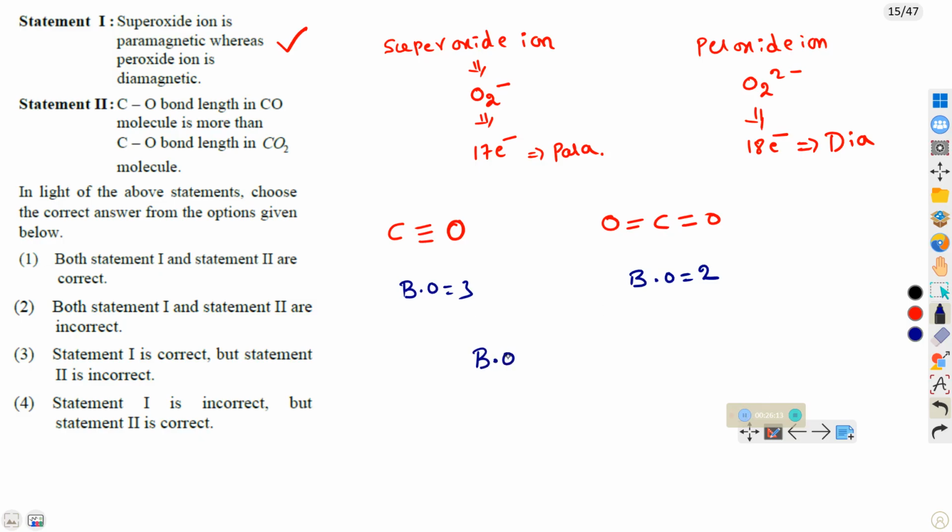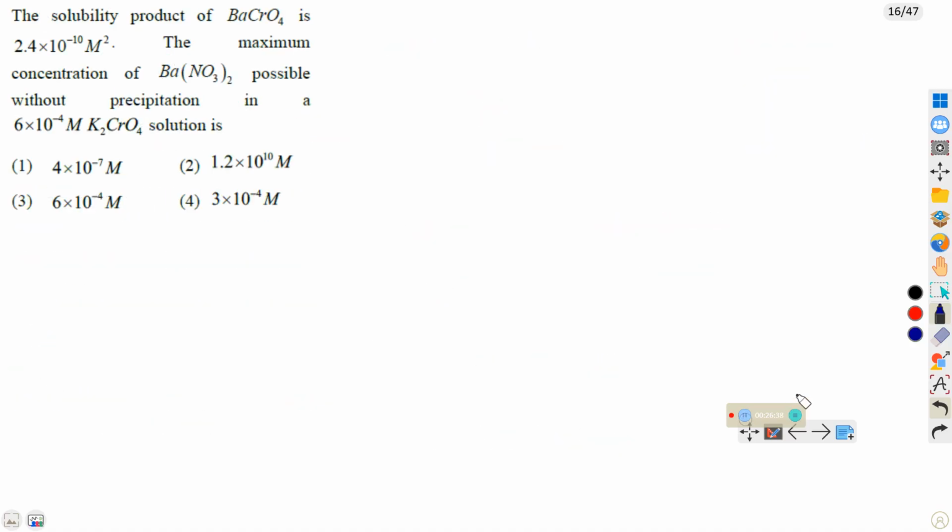Bond order is inversely proportional to bond length. Why? Because bond order is directly proportional to bond energy. Bond energy is inversely proportional to bond length. Based on that, CO molecule is less, not more. Statement 1 correct, statement 2 incorrect.